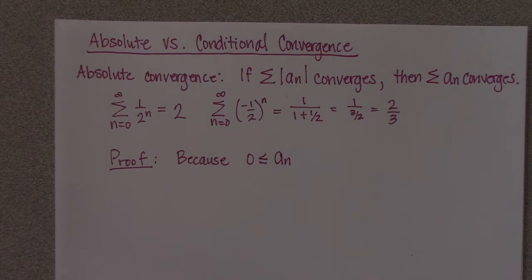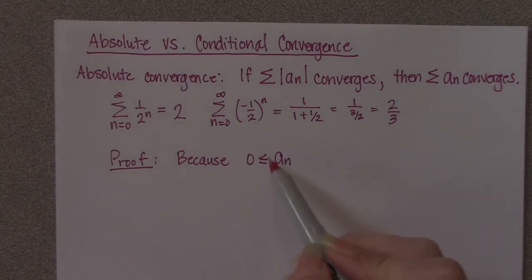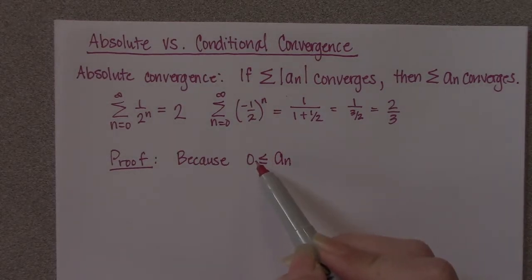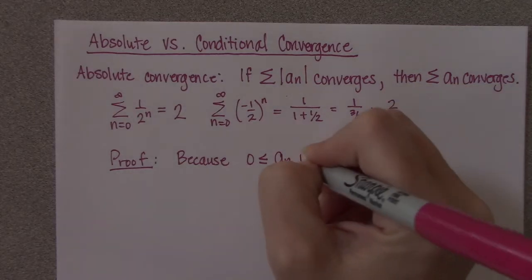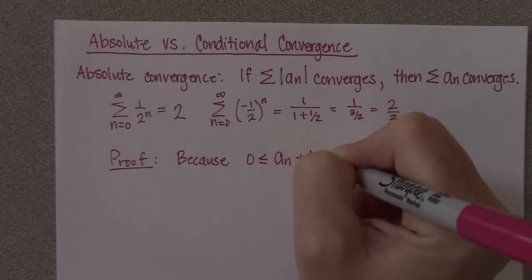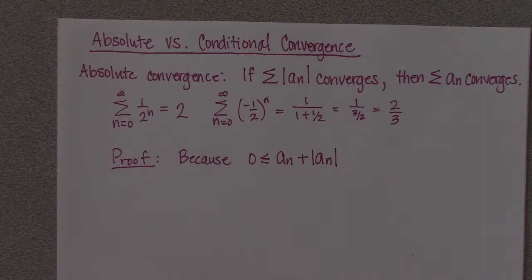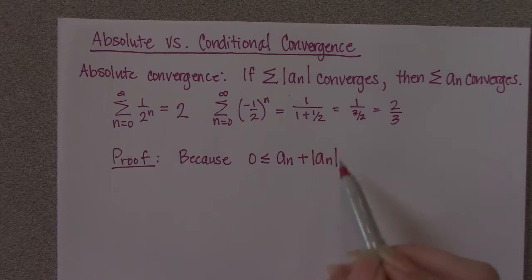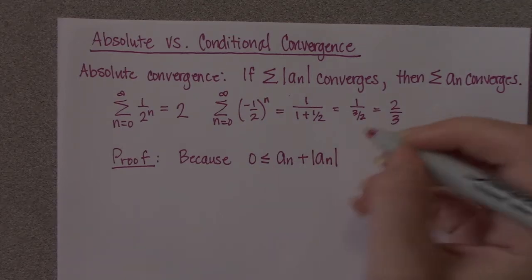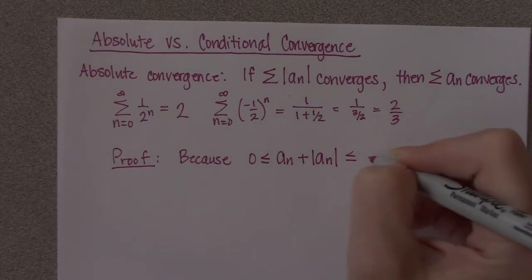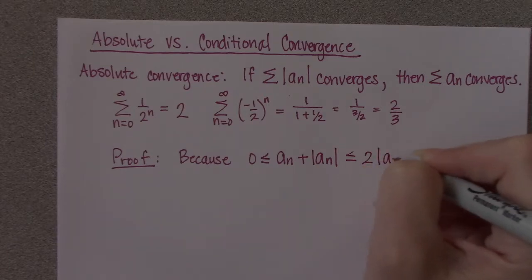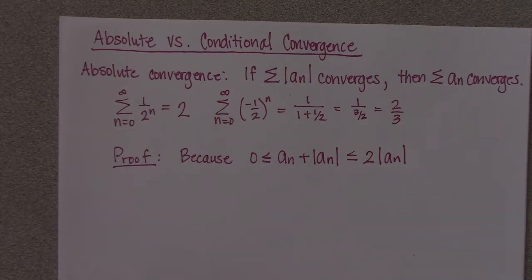Okay. So the terms are going to be positive, so that's where the greater than 0 comes in. But if we add the absolute value, that makes everything positive here. So the result of this will always be a sub n. So what we can say is this is less than or equal to 2 times this.